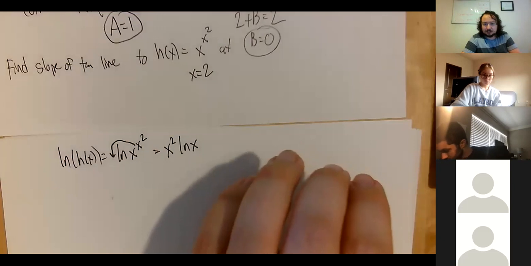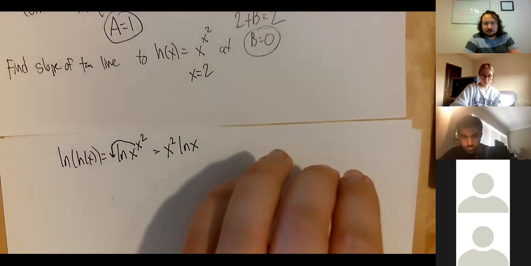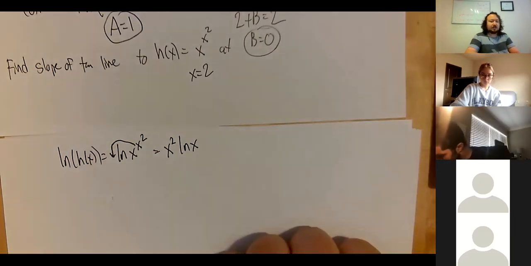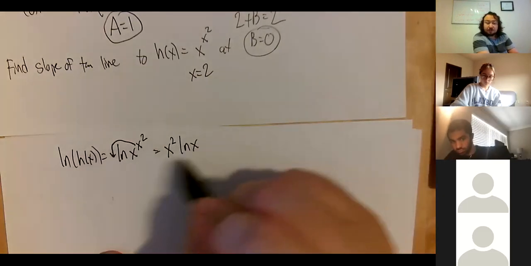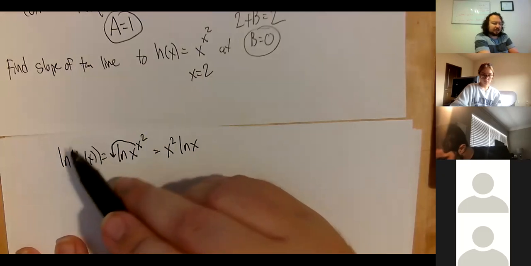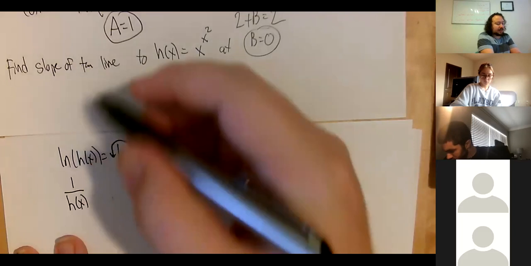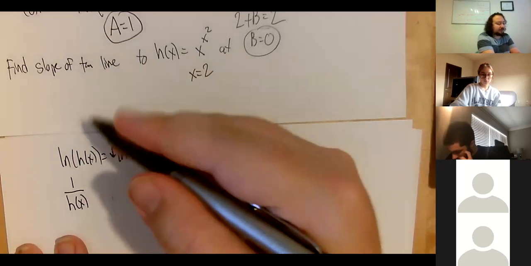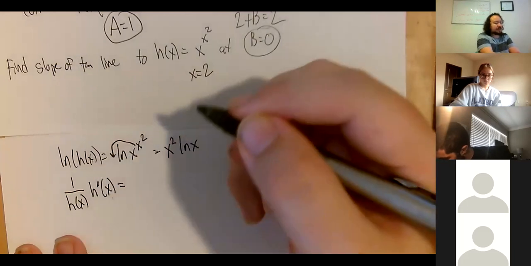All right, so now that we have this, we're going to do the derivative of both sides here. So I do the derivative of ln of h of x, so that'll be 1 over h of x. And then I multiply by the derivative of the inside, which will be h prime, and that's what I'm trying to get.